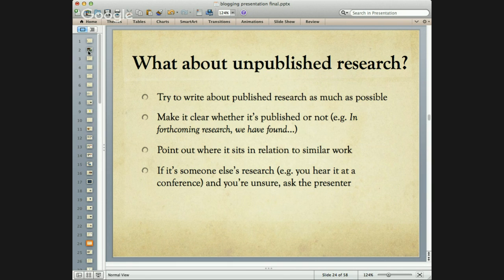In most cases, people are fine with that, as long as you're not obviously publishing their data, and you're perhaps writing more generally about what they were speaking about. That's normally fine. But if in doubt, ask the presenter. Generally speaking, with unpublished research, just be careful about that one.